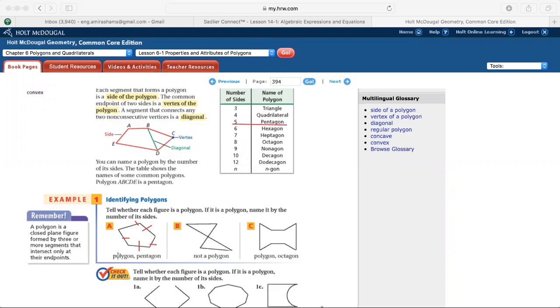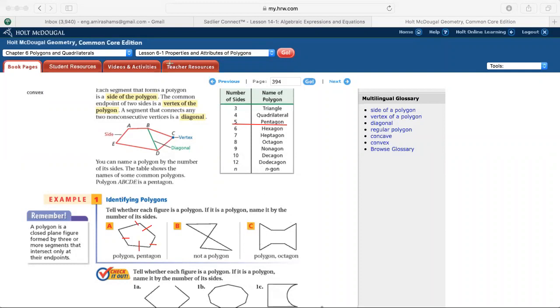Pentagon. So it is a polygon, yes, and it is a pentagon. This one, no, this one is not a polygon, because it's formed from sides, yes, but it should be a regular one. So it is not.